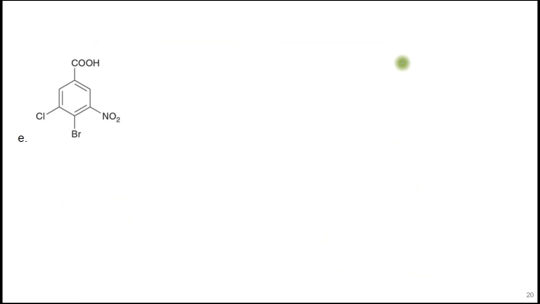Alright, in this one I have lots of things to add. There is a carboxylic acid, nitro, Br, Cl. So I'm just going to go around the ring and see where my groups are being directed.